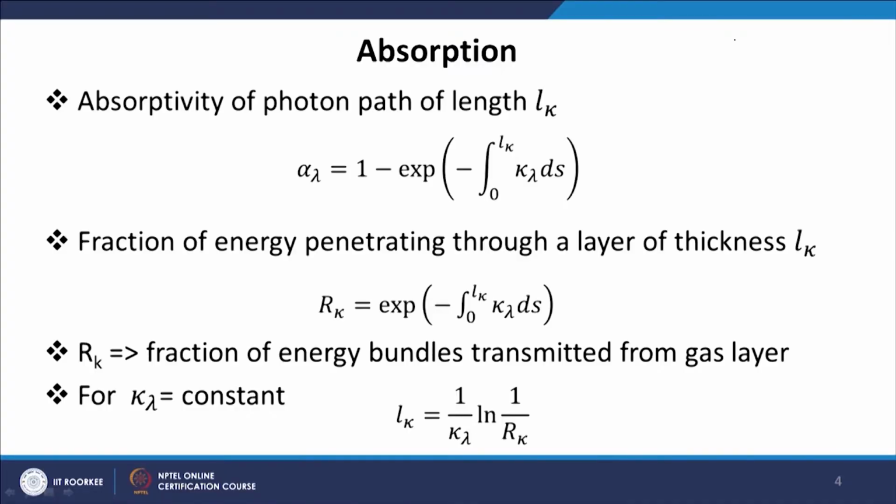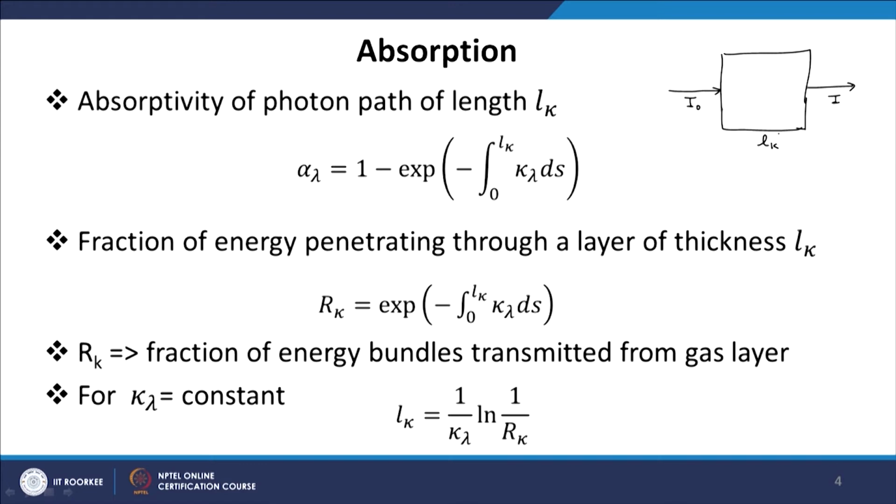Now absorption within the gas zone. So we define this as our gas zone or volume. Let us say we have some intensity ray coming in with intensity I naught, and this is the intensity of the outgoing ray. Now we know that this will be subjected to attenuation by absorption as well as scattering. So we define the absorptivity of this layer as 1 minus exponential of minus the integral from 0 to Lk of kappa lambda ds, where the thickness of the layer is Lk.